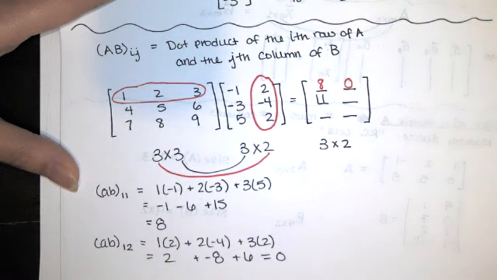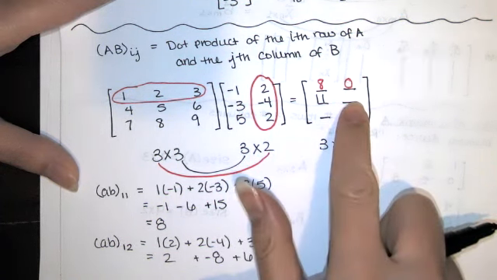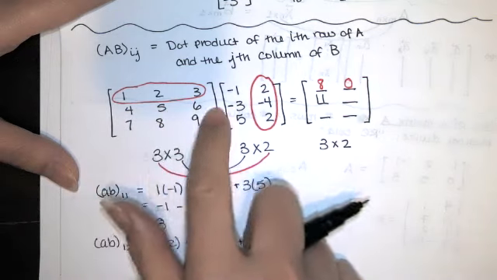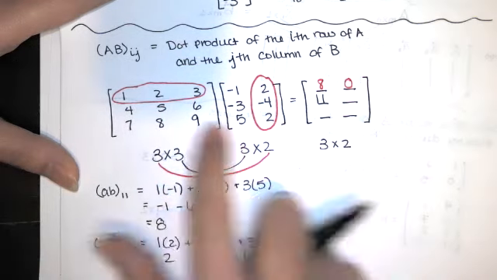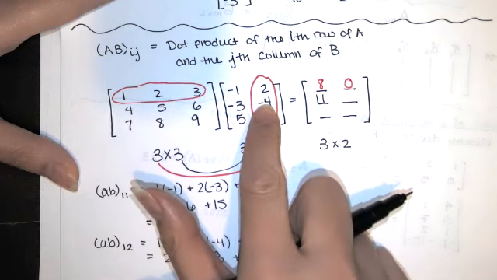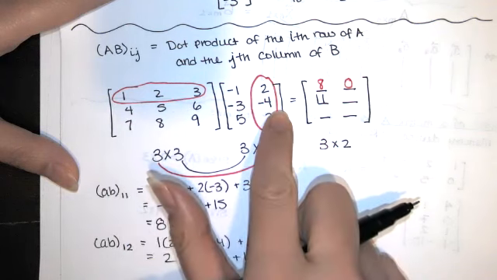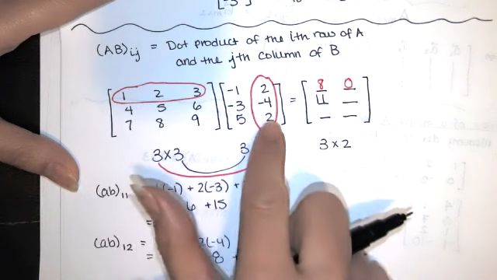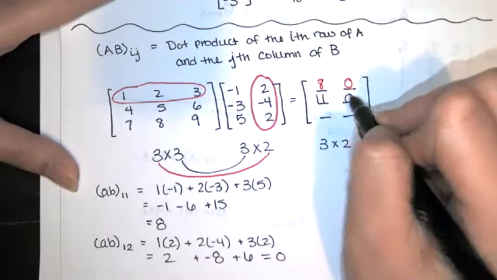Okay. And then over here, second row, second column, we'll take the dot product of 4, 5, 6 and 2, -4, 2. So I'll do 4 times 2 is 8. 5 times -4 is -20. 8 plus -20 is -12. And then 6 times 2 is 12. So we actually get a 0 there.